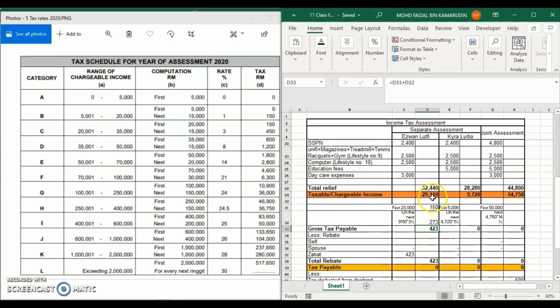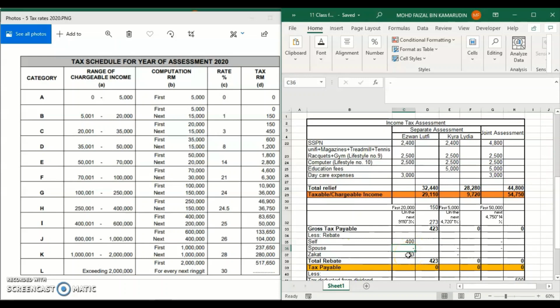If your taxable income is less than 35,000, then you are entitled to a self rebate of 400. One more time: if your taxable income is less than 35,000, you will be entitled to the self rebate of 400. So spouse is not applicable because this one is separate.